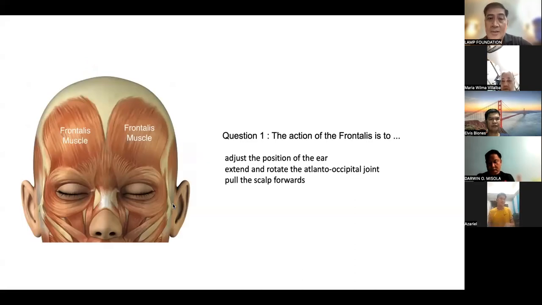Okay, next, the action of the frontalis is? Wait lang, Doc. Did you read the book? Doc, pero... What have you been doing since? Wednesday pa yan, di ba?